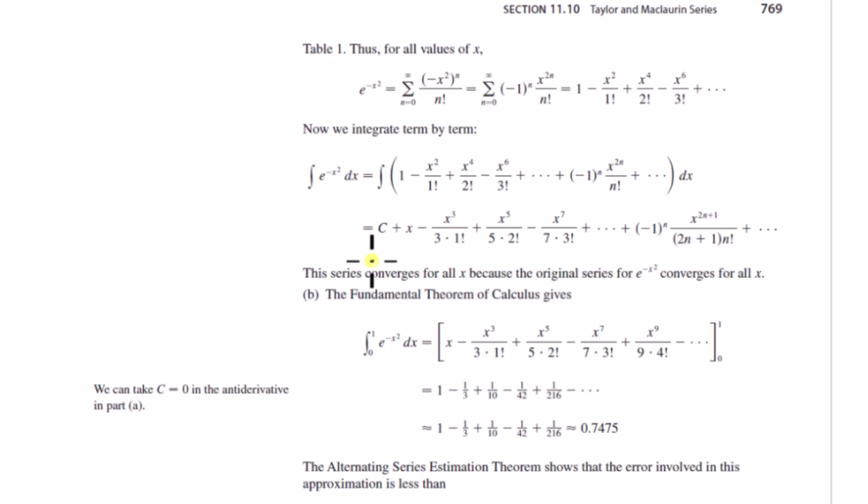Okay, now as far as the c, the integration constant, you can't get the integration constant for this scenario because we don't have a function. Previously we were integrating 1 over 1 minus x. We started with 1 over 1 minus x, and then we were integrating both sides, and we could get this integral.